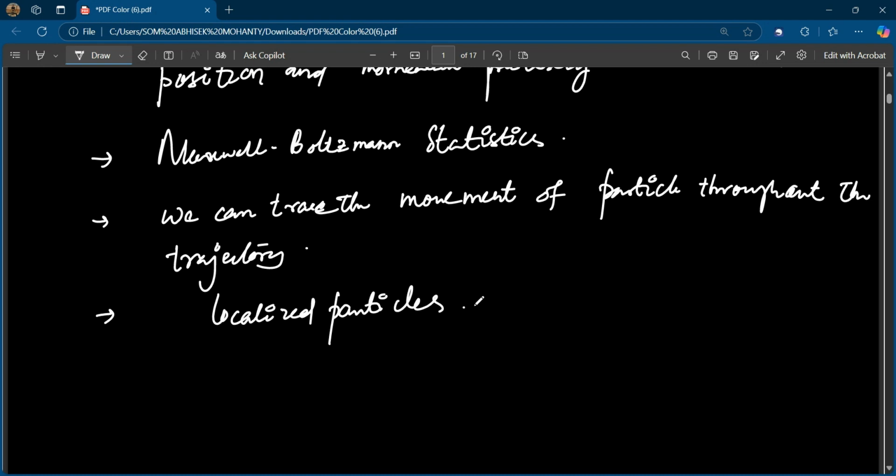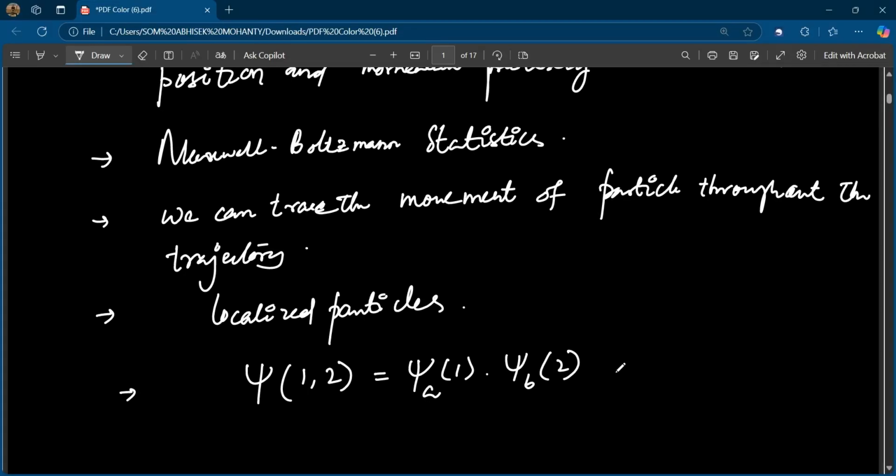We can distinguish them, which one is where. The wave function I already wrote for two particles: psi(1,2) can be written as psi_a(1) into psi_b(2).